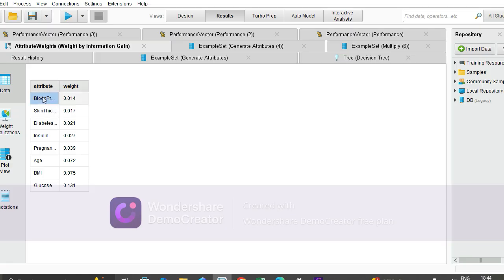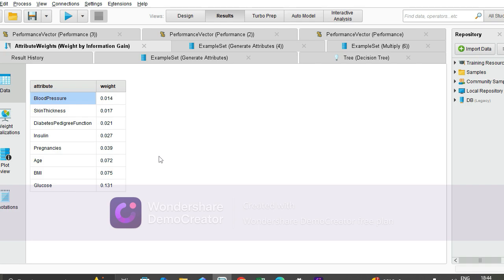These attributes are blood pressure, skin thickness, pedigree function, insulin, pregnancies, age, BMI, and glucose. I see that the glucose factor has the maximum weightage among them, that is 0.131.